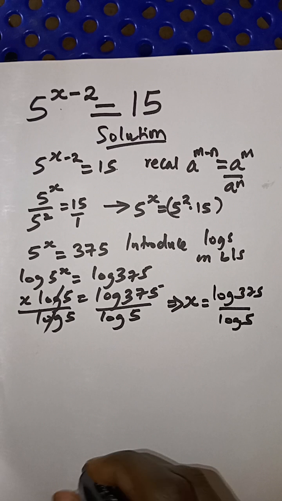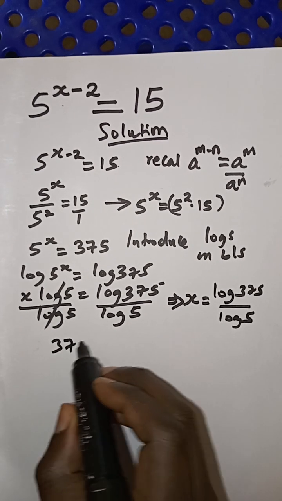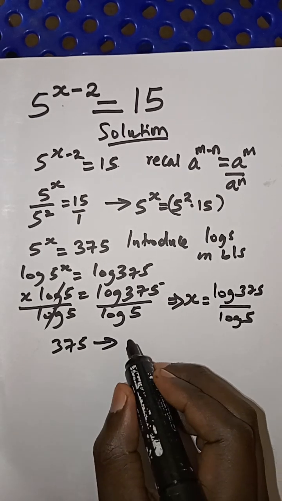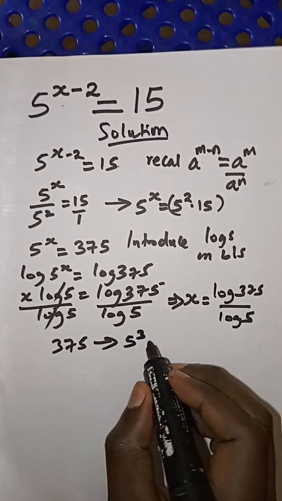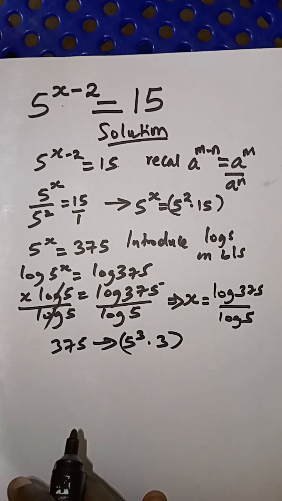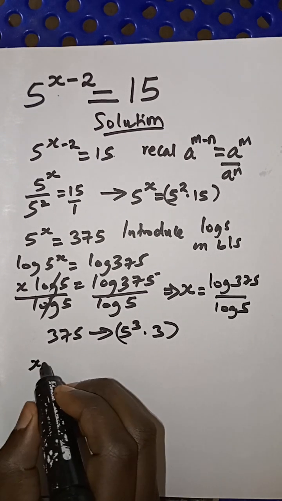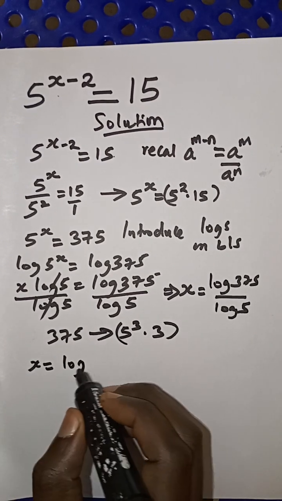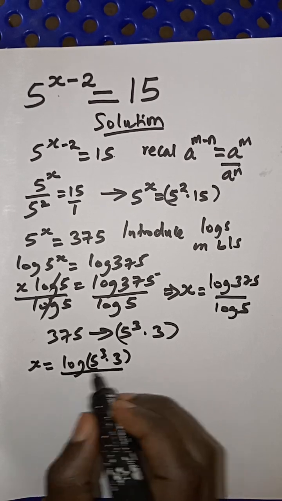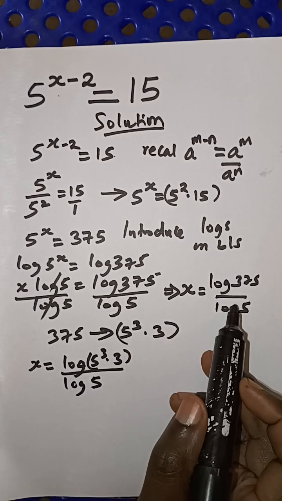Then at that particular point, I'm going to re-express 375 in terms of its factors. 375 can be written as 5 to the power 3 multiplied by 3. So replacing that, x equals the log of 5 power 3 multiplied by 3, divided by the log of 5.